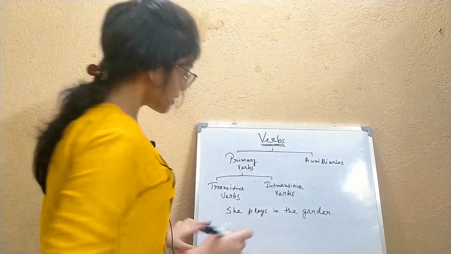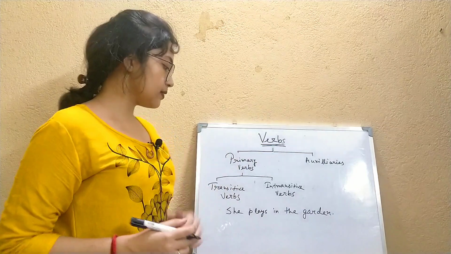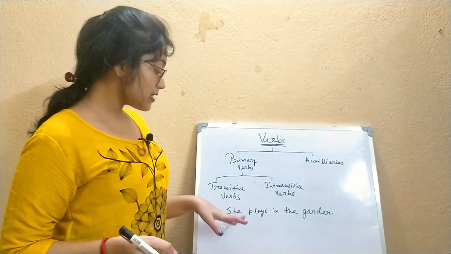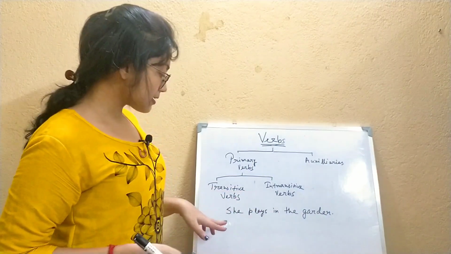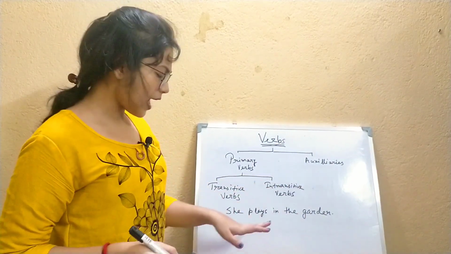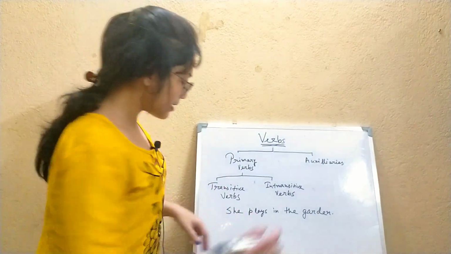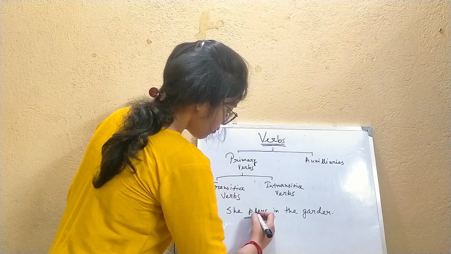So the sentence is, she plays in the garden. Now tell me, what's the verb here? As we can see clearly, in this sentence we have an action word which is plays, right? So this is our verb.